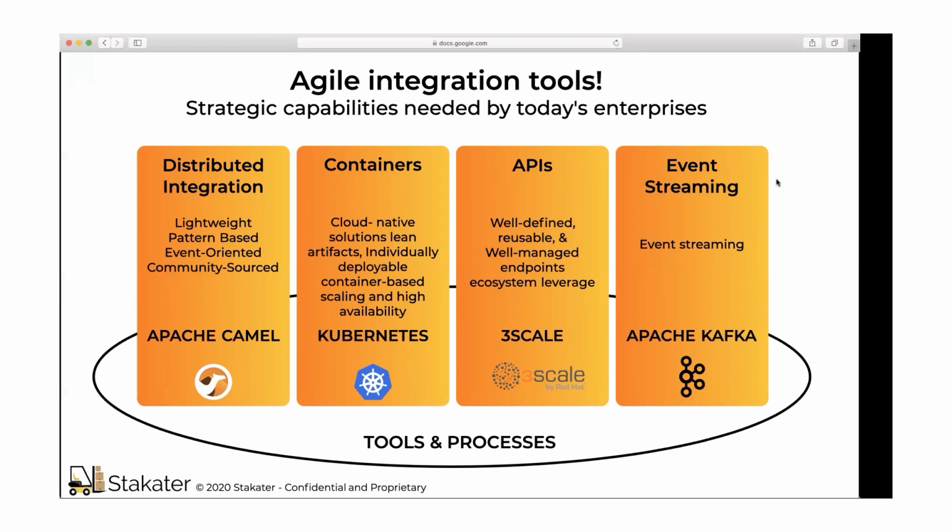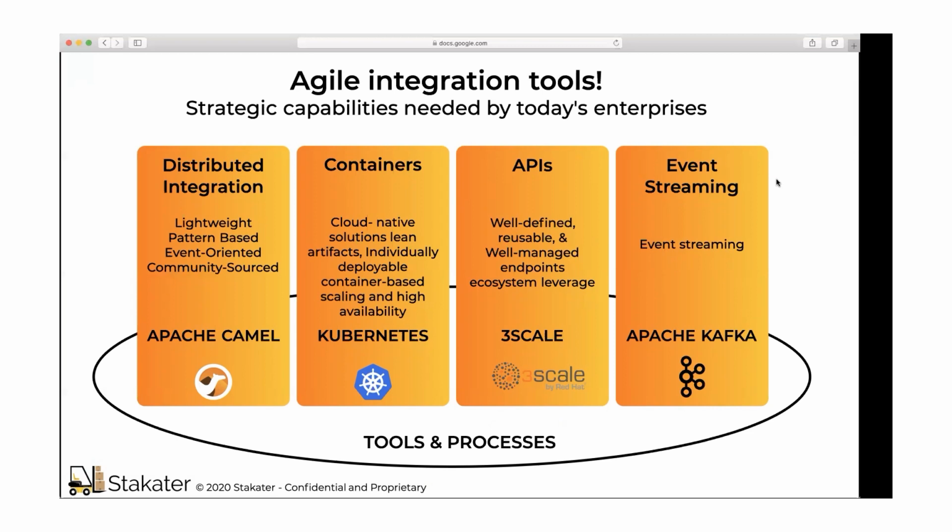Then definitely you're going to host your integrations, and this is where we recommend Kubernetes. Kubernetes lets you build, run, auto scale, and all those things it offers out of the box.